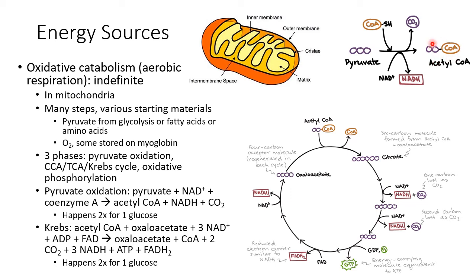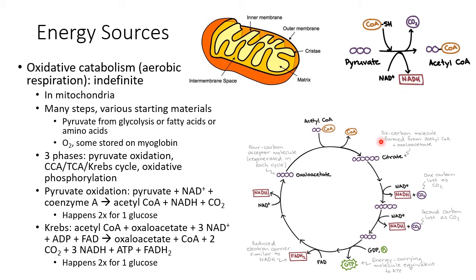You end up with 2 of those carbons on acetyl-CoA. So the CoA attaches to 2 of those carbons to make acetyl-CoA. Then your last carbon ends up as carbon dioxide, which is a waste. And then you're also adding electrons to NAD+, which gives you NADH. So glycolysis made NADH, and pyruvate oxidation also makes more NADH. And you're going to have to do something with that NADH later on.